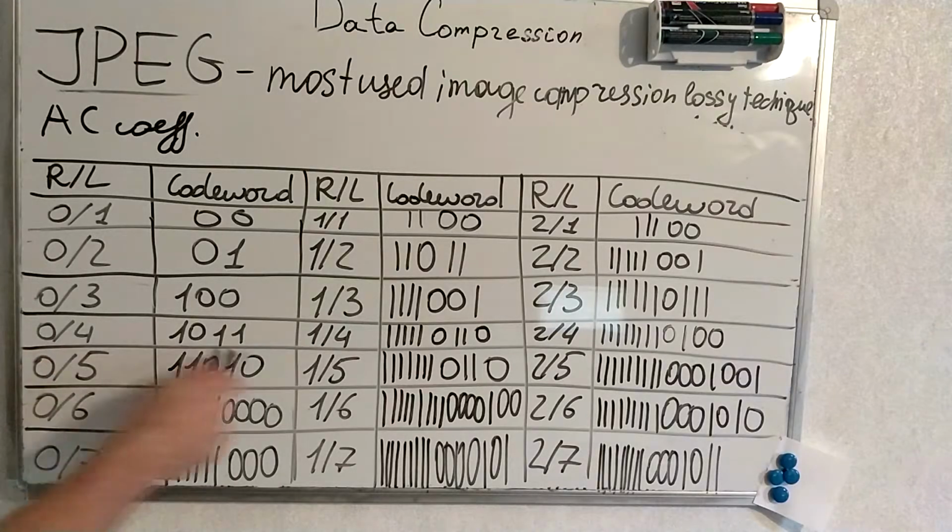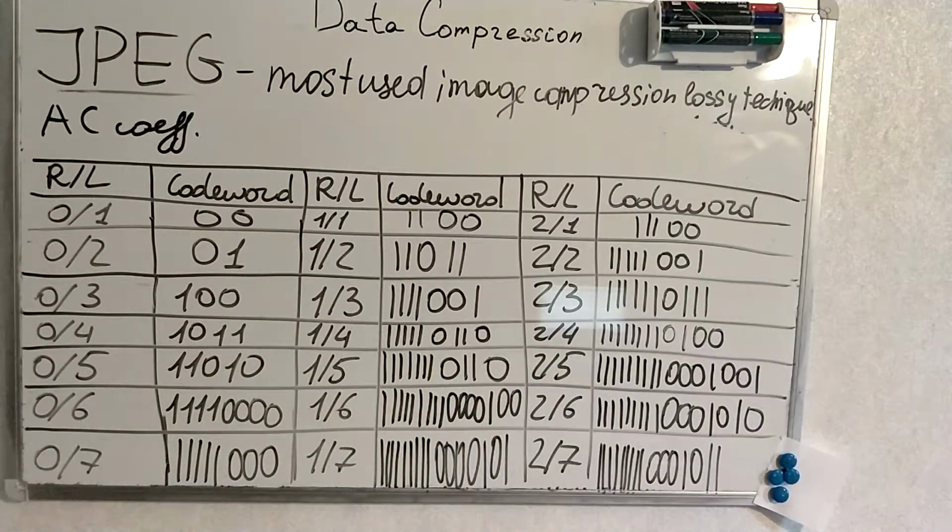This number determines the category, and the second number determines the number of consecutive zeros in our code for AC coefficients. I will give the example now. To decode the example, you have to use this table, and to encode too.